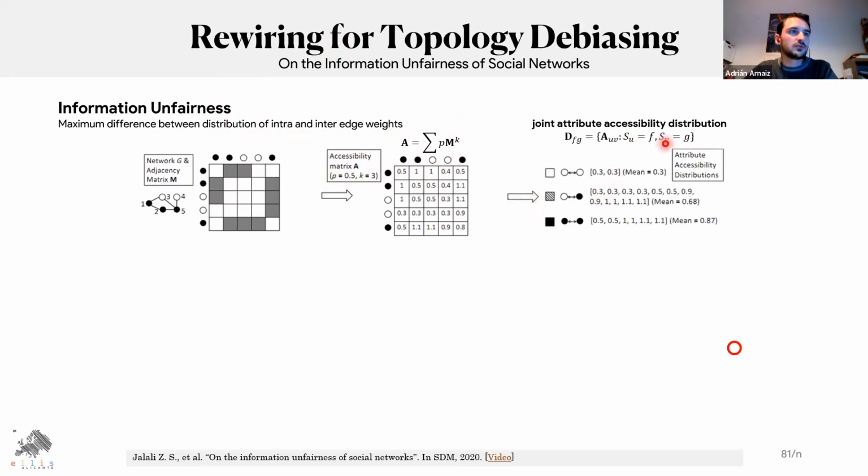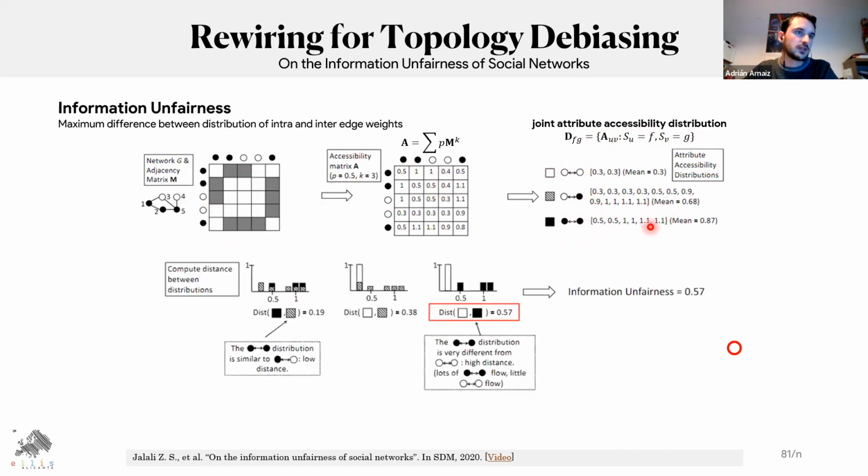And then they take the distribution of all the edge weights: intra-community 1, inter-community, and intra-community 2. So they do the hops, and then they get the distribution of edge weights.